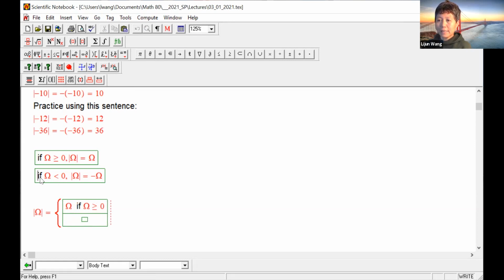If the second case, then the absolute value of omega is going to be its opposite. This is the final version of the condensed form.